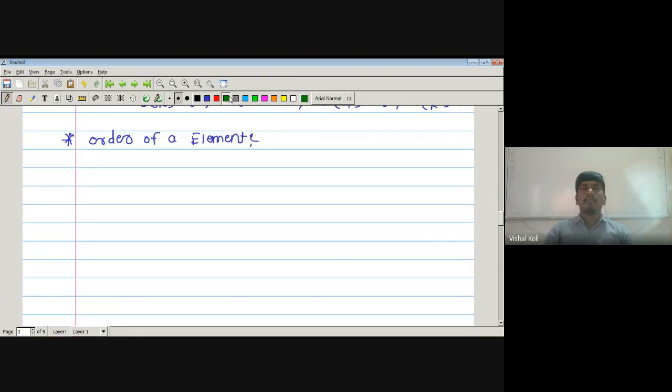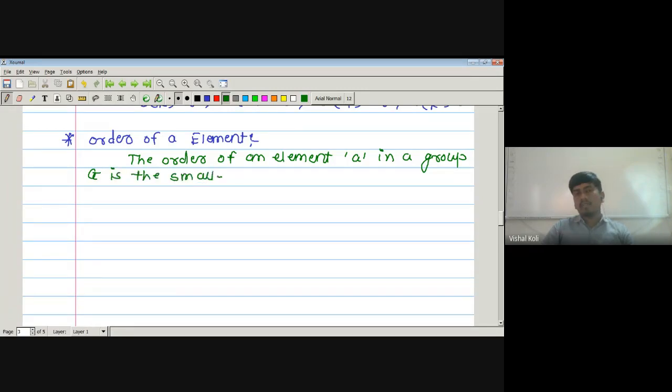The order of an element a in a group G is the smallest positive integer n such that a to the power n is equal to e.